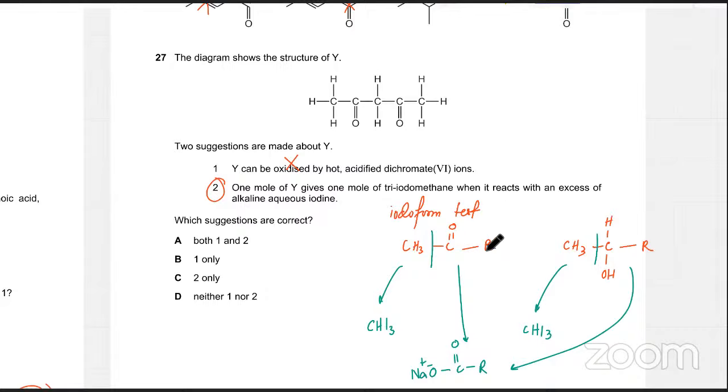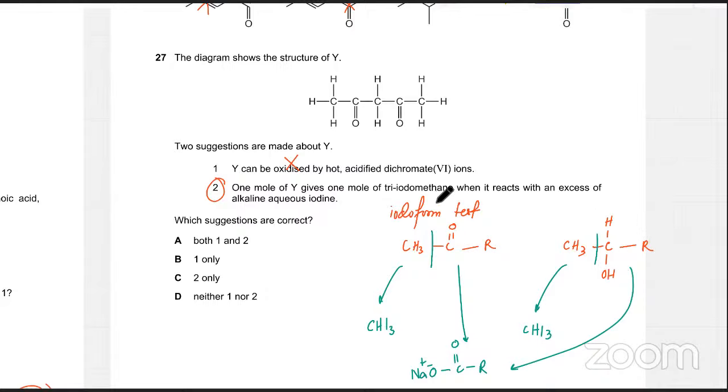I'll just quickly repeat that the iodoform test is for a very specific structure: the molecule should have a CH3 right next to a C double bond O, and whatever comes after that, we don't care. Or the molecule has a CH3 with a carbon that's bonded to an H and an OH, and then the rest of the molecule, which we don't care about.